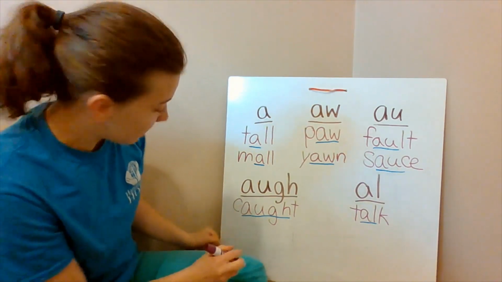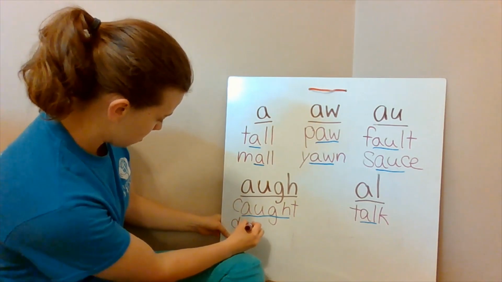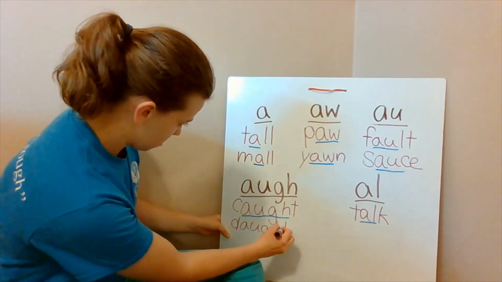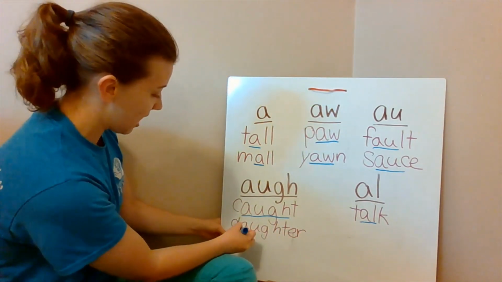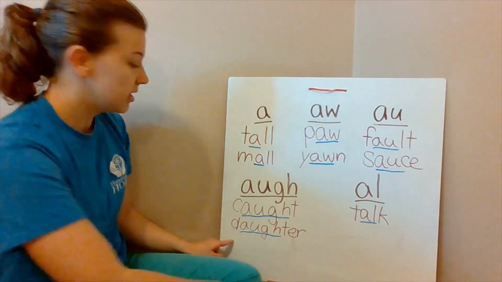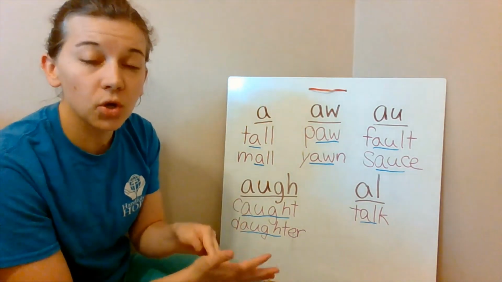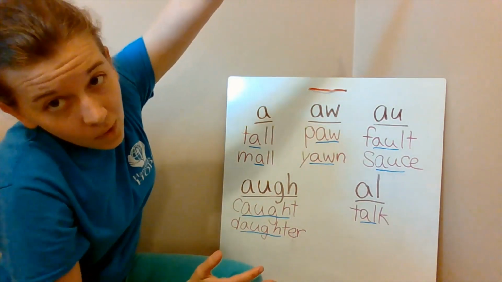All right, and let's do one more here. This is a longer word. There we go. All right, so remember, A-U-G-H says aw. So this is d, aw, t, er. Daughter. Raise your hand if you're a daughter.